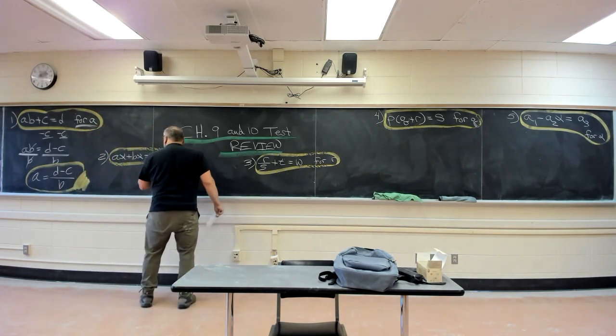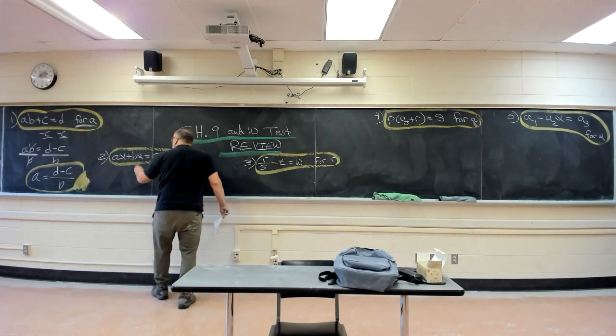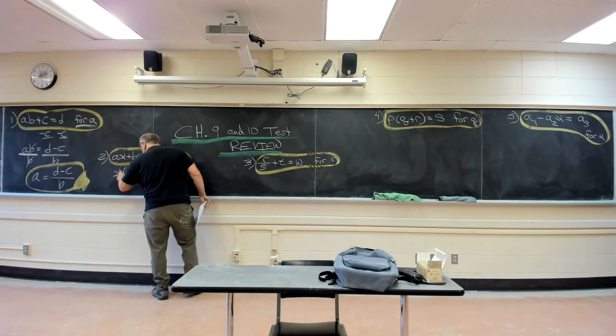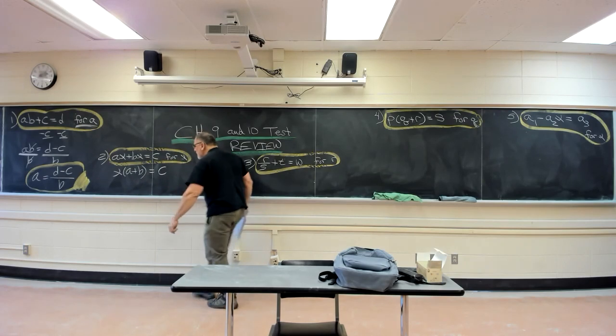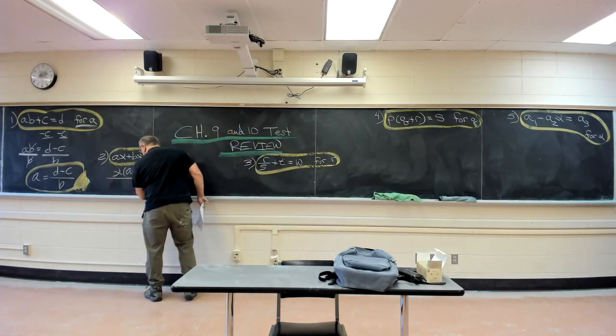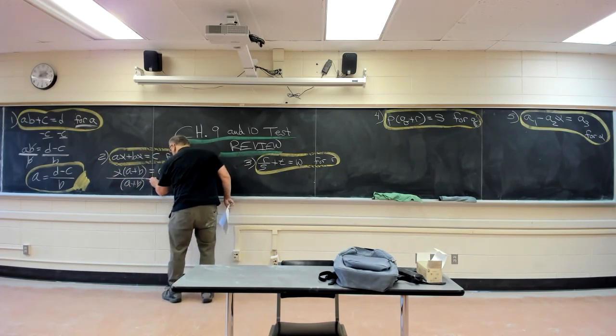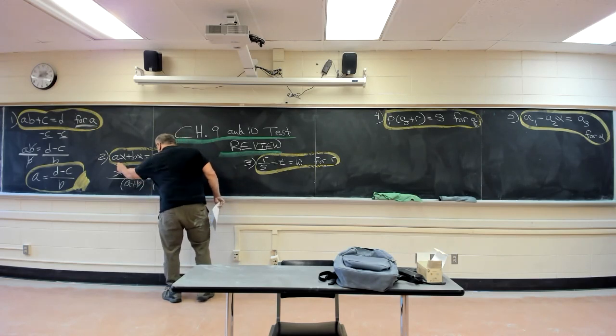For this one right here, solve for X. I'm going to factor an X out of here. Then I'm just going to divide. Once I get to here, I'm going to divide by the quantity A plus B. And that'll end it.